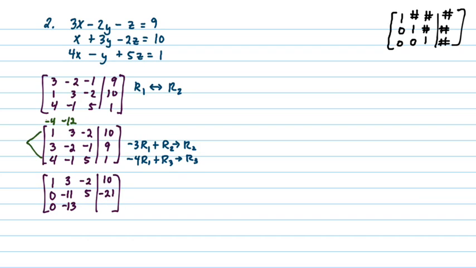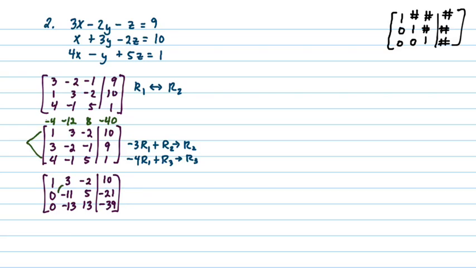Negative 4 times negative 2, here we're going to get 8. And when we add that to 5, we're going to get 13. And negative 4 times 10 is negative 40. And when we add that to 1, we're going to get negative 39. All right, so we now have the 1 in the upper left-hand corner and the zeros below.